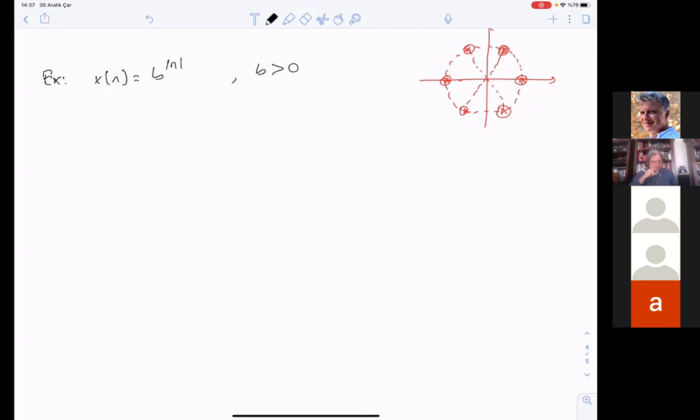Okay. So what is the z transform of it? For this, we have to split this expression into two parts. One of them is b to the n u of n. And the other part is b to the minus n u of minus n minus 1.